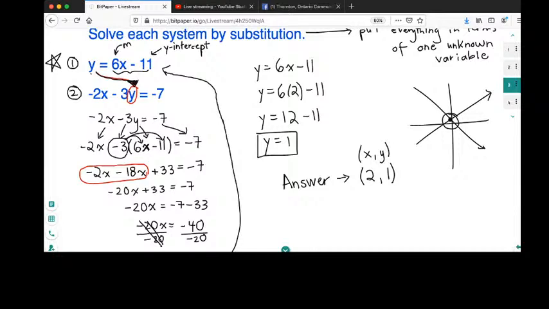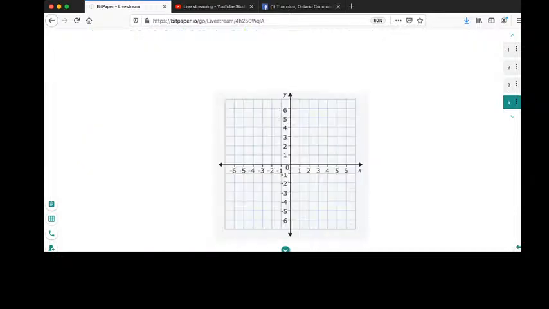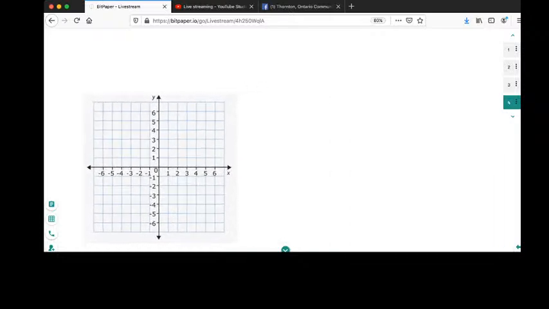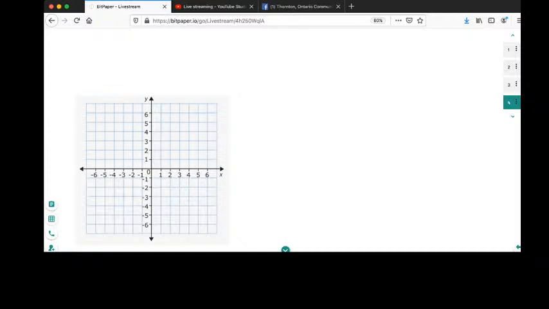Let's do another solving by substitution. I'm going to make up the numbers for this one. Let's see here. Give me 1 second. Maybe I can find in my grade 10 book something like this so that we can just do that.